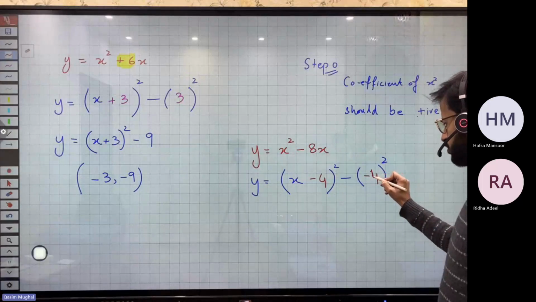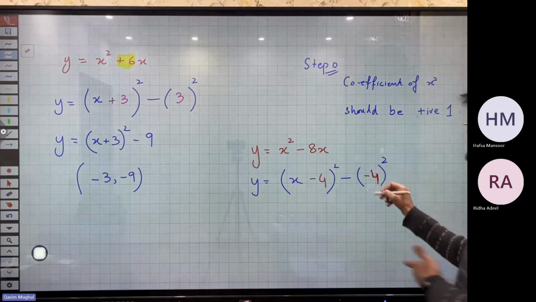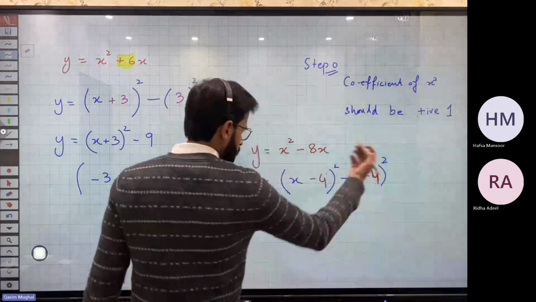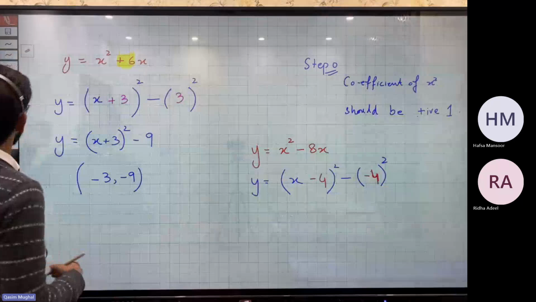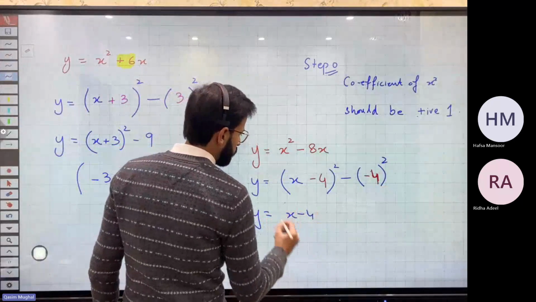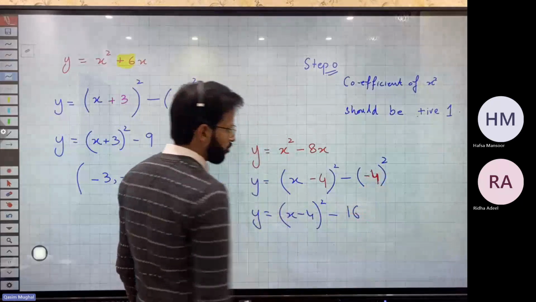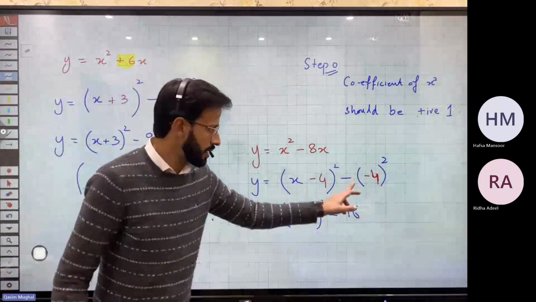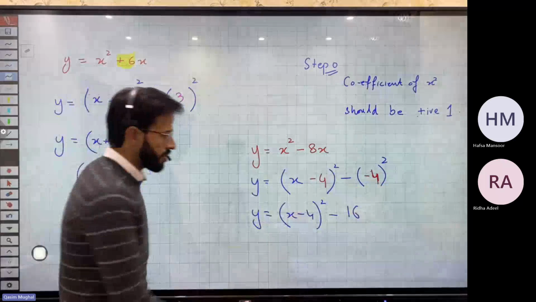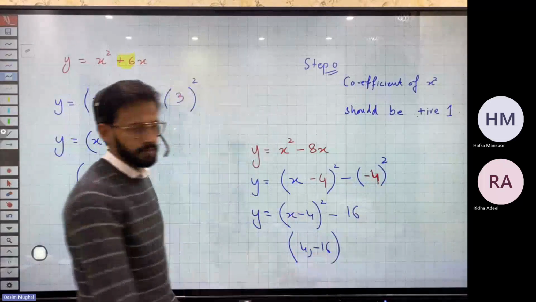Even if you put plus 4 here, eventually the square of it is going to be positive. So even if you don't put the minus sign, that's fine, but it's always good to stick to the basic practice. So y equals x minus 4 whole squared minus the square of negative 4, which is positive 16, and plus minus gives you minus. So the coordinates of the vertex are going to be 4 and minus 16.